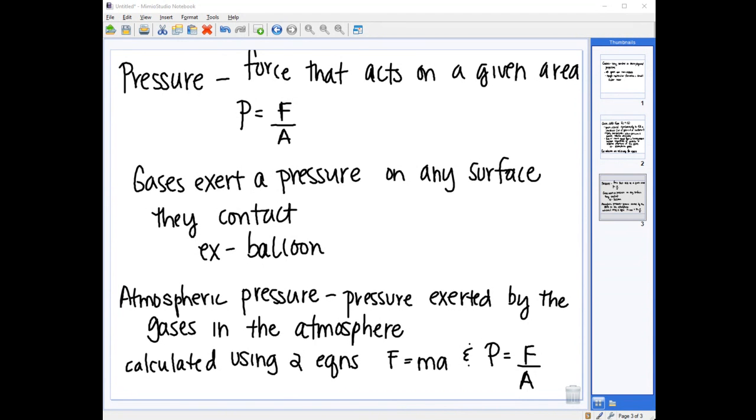Okay, our force equation, which is F equals ma, where m is mass and a is acceleration, and pressure we know is equal to force divided by area. So we can put different numbers in these equations and figure out how much pressure is being exerted by those atmospheric gases.